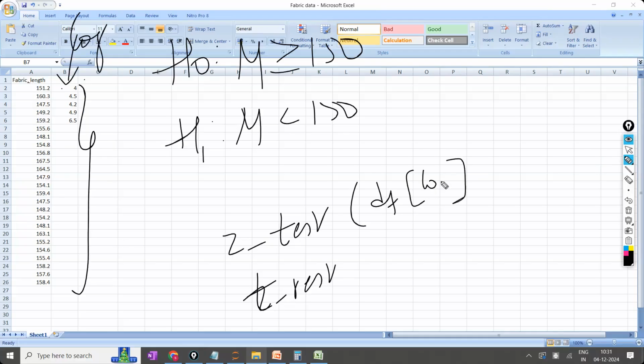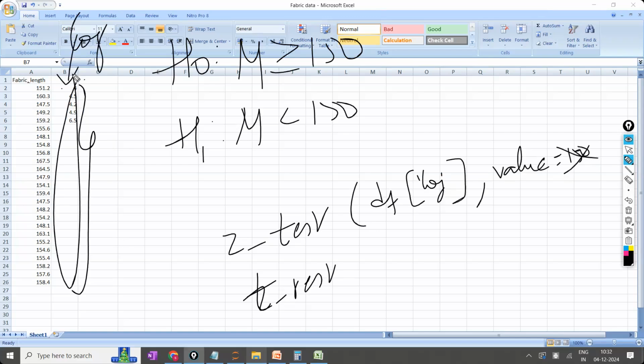You have to provide the log one. When you provide the log data, you have to write the value, right? If you write the value as 150, obviously every value is less than 150 only. This time you should not write 150 here. Then what do you have to write? Here you applied the log transformation, so for this one also you have to write the log of 150.